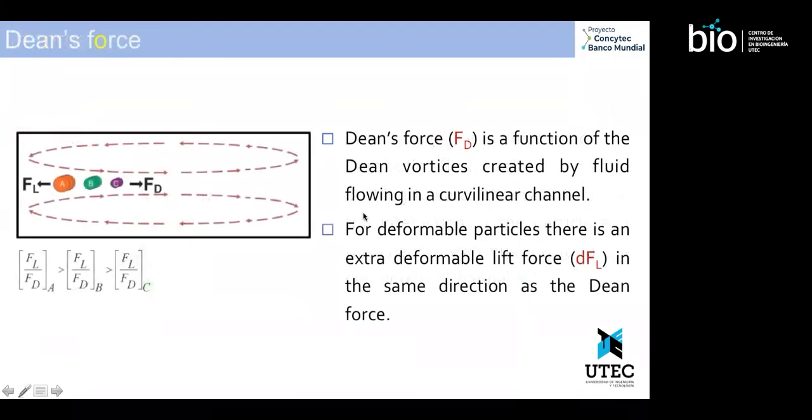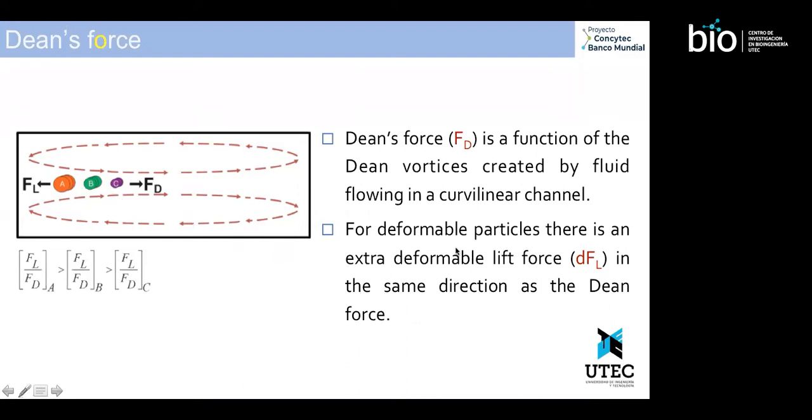There's also another force in effect, the Dean force, which is a function of the vortices created by the fluid flowing in a curvilinear channel, which means the spiral. That's why it's a spiral, to create a curve and create this Dean force. So there's an extra force, and depending on the size of the particle, again, it will be bigger or smaller and separate out.